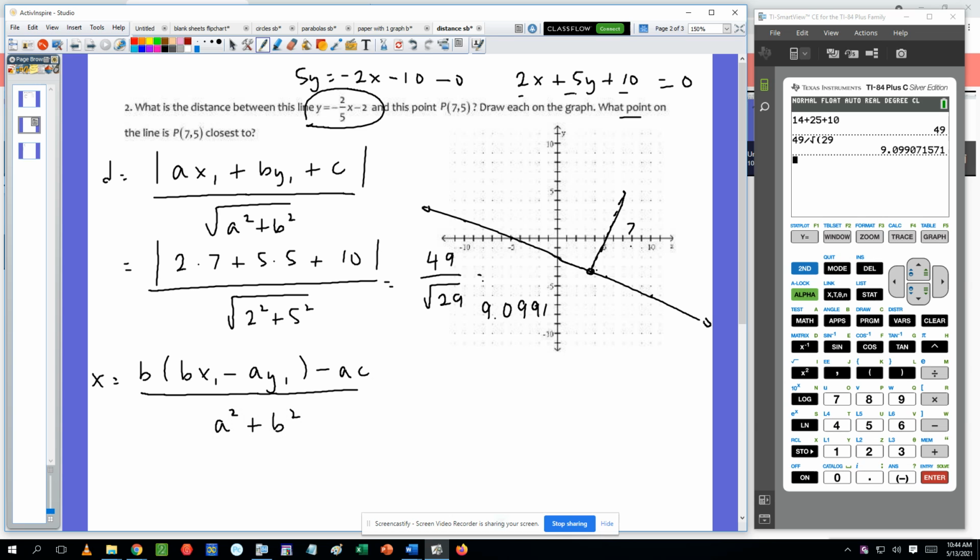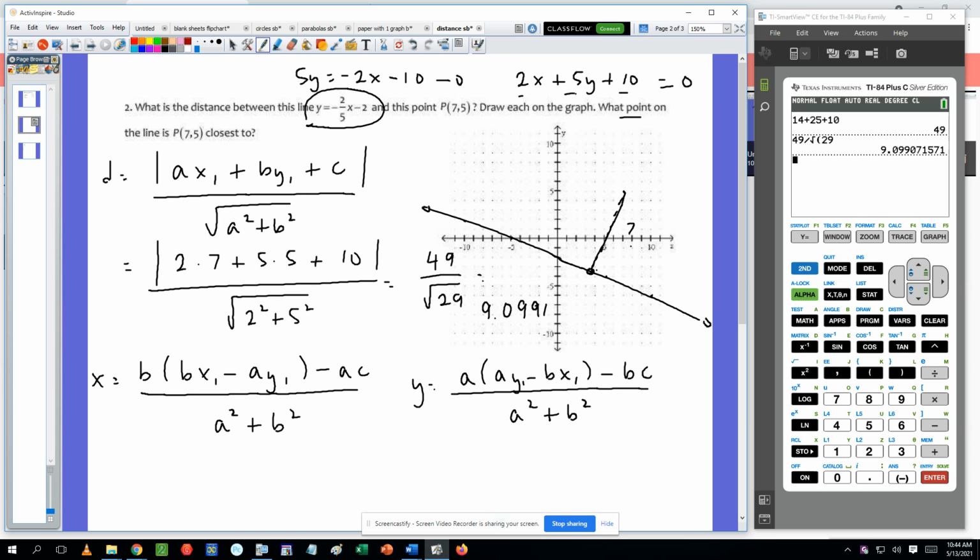And the y is a similar formula, just the letters are in a different combination. A times the y coordinate, minus B times the x coordinate, minus BC, over, no square root, the same thing on the bottom, the 29 without the radical.